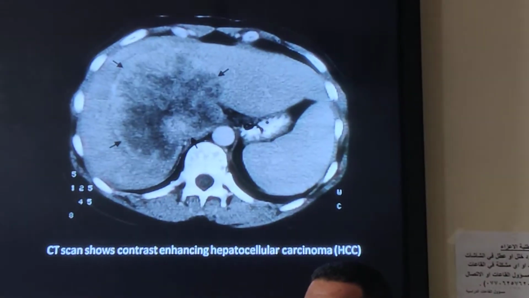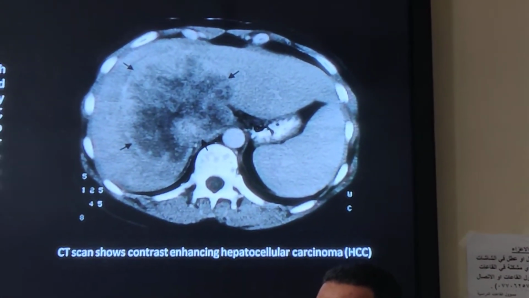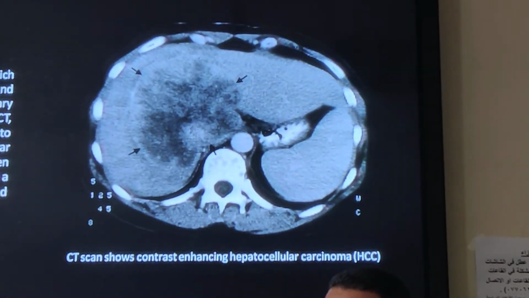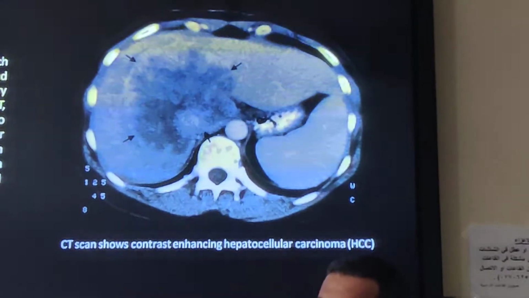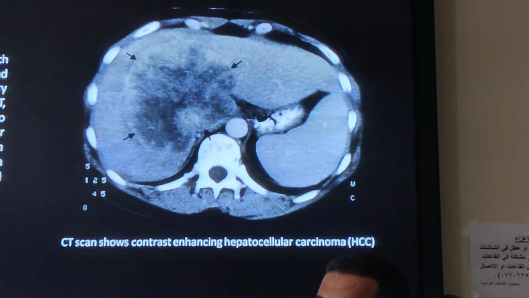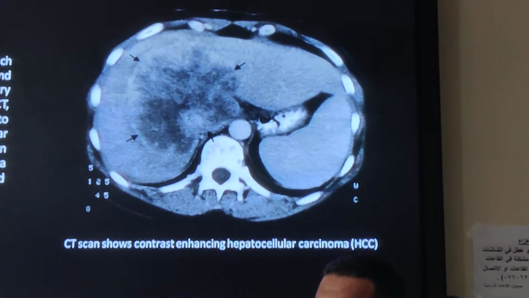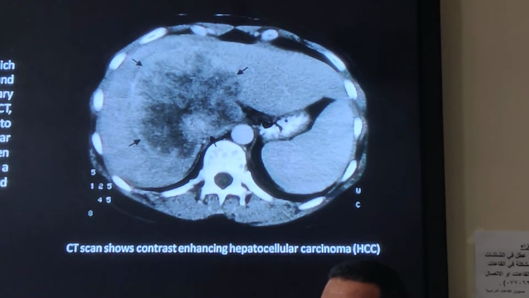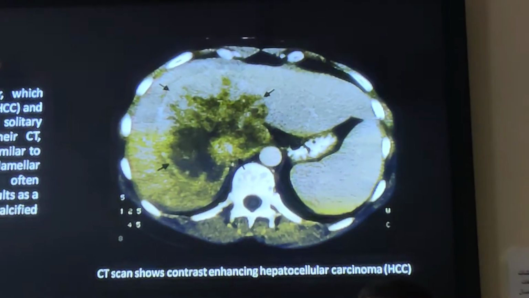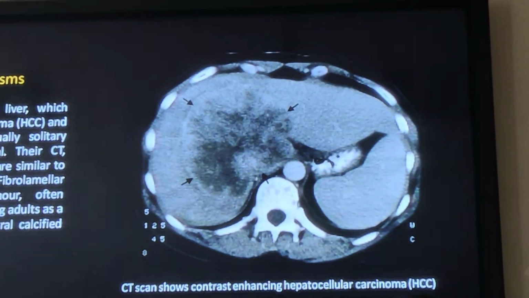عندنا malignant tumors, primary carcinoma of the liver, usually the most important and the most famous CA type of the liver is hepatocellular carcinoma and cholangiocarcinoma, the second type. Usually solitary hepatocellular carcinoma, maybe multifocal on CT and ultrasound, and MRI pictures are similar to that of the metastatic neoplasms.